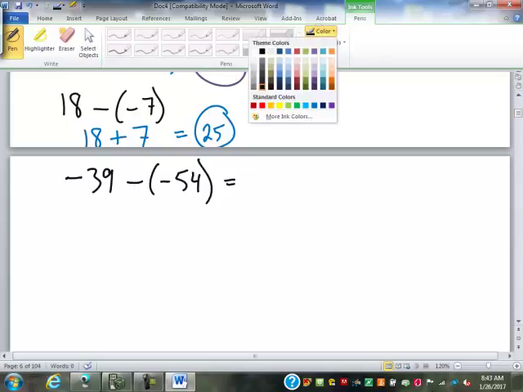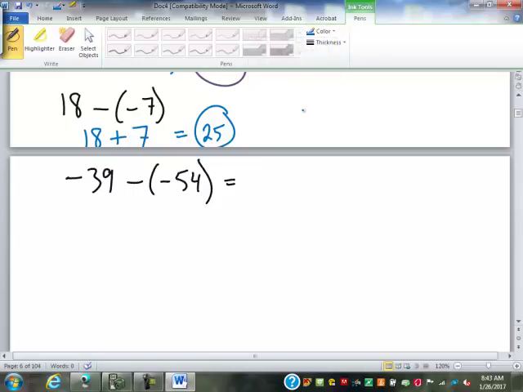negative minus another negative. Negative 39 minus a negative 54. What's this become? The negative 39 stays negative 39, yep. And then? Yeah, subtracting a negative 54 is adding the opposite of negative 54, or adding a positive 54.